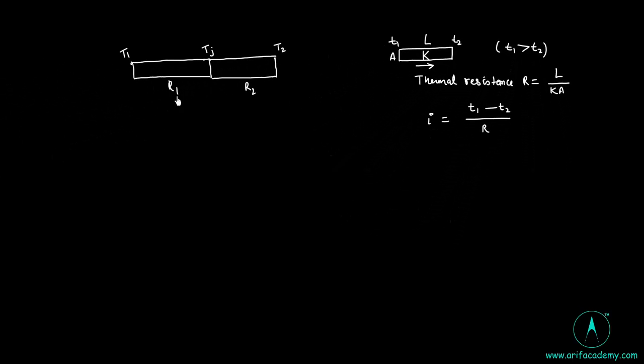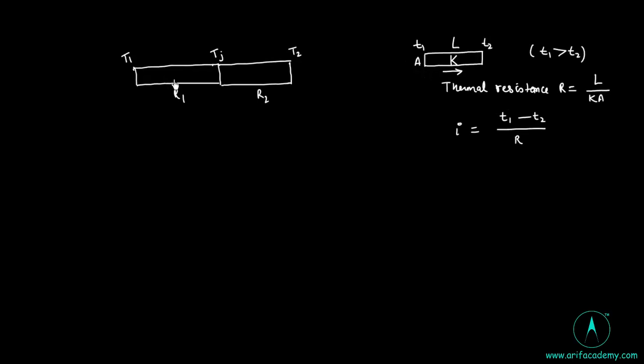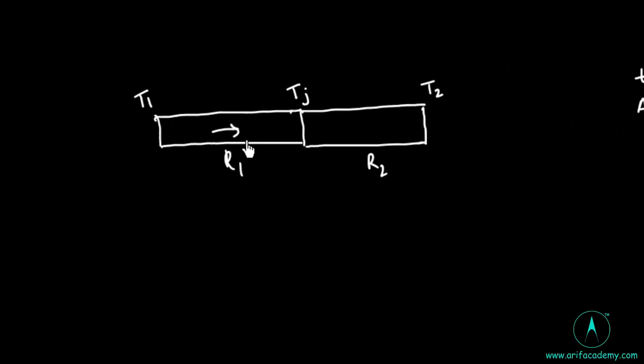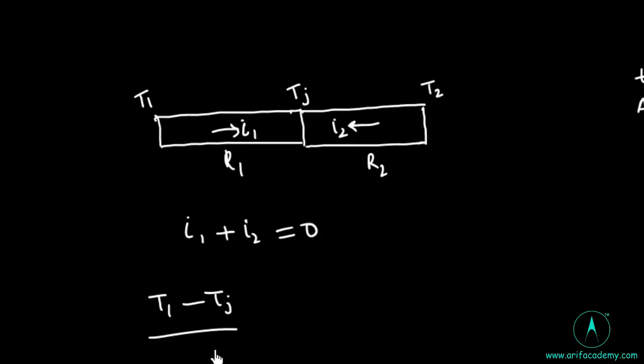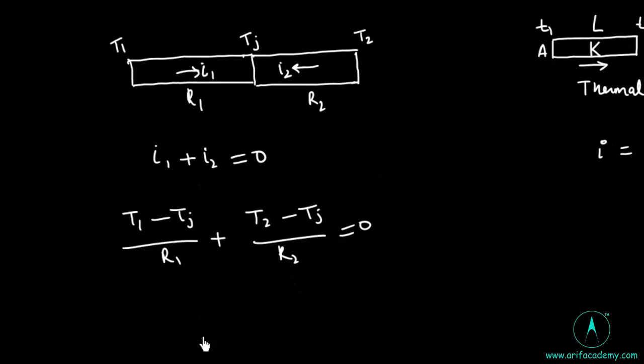So here let the thermal current to this end be I1 and to this end be I2. So I1 plus I2 equals 0. So (T1 minus Tj) upon R1 plus (T2 minus Tj) upon R2 equals 0.